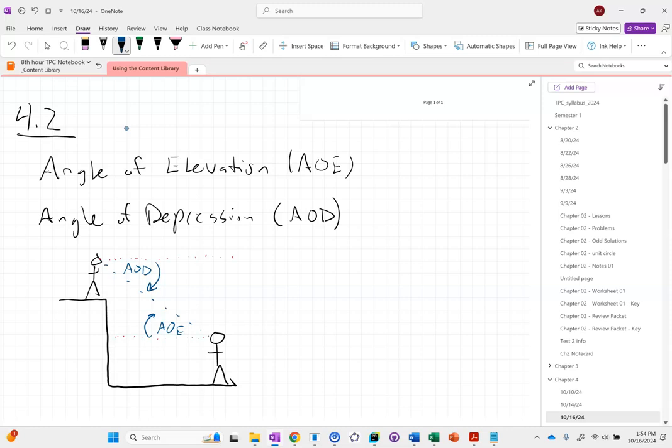What is the relationship between angle of depression and angle of elevation? Good. Why? Do you remember? So it's a geometry reason.